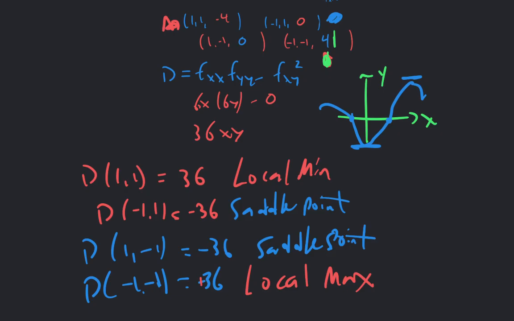So it could look something like that. So we have our minimum and our maximum, and then our saddle points are right there. Doesn't really give us much info. It could be a turning point.